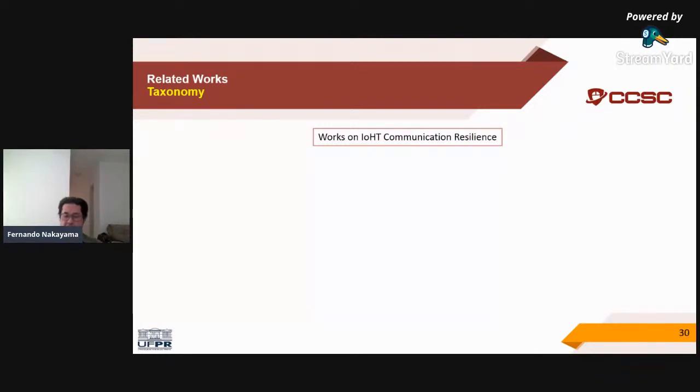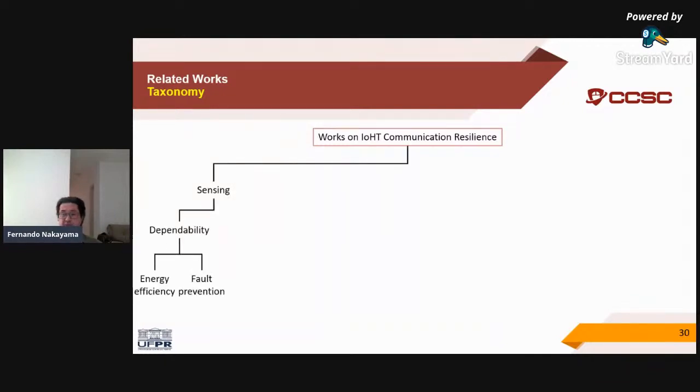For the sensing services and considering the dependability attribute, the works on energy efficiency focus on enhancing the availability by optimizing sensing, processing, and data transmission, while the works on fault prevention deal with the malfunctioning of the devices.